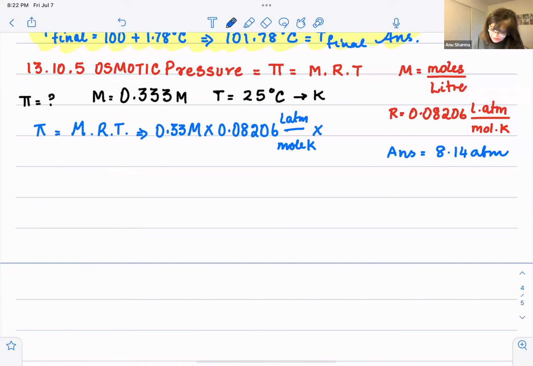And the temperature given is 25 degrees Celsius, but you need to convert it into Kelvin.